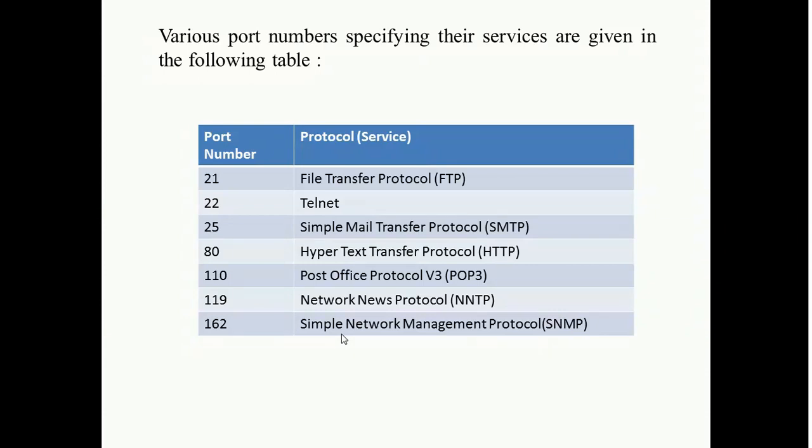So these port numbers are reserved for particular services. So the port number is very important to communicate or establish a connection between two networks. With the help of the port number, the data is transferred from the client to the server or server to the client.